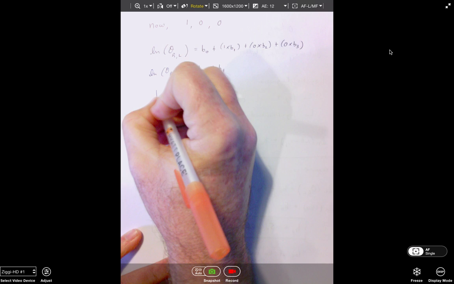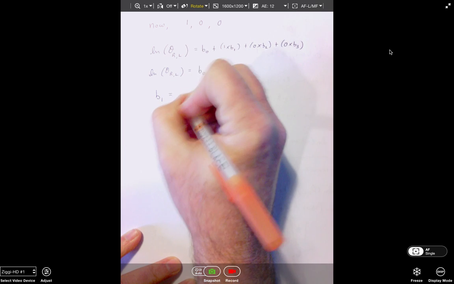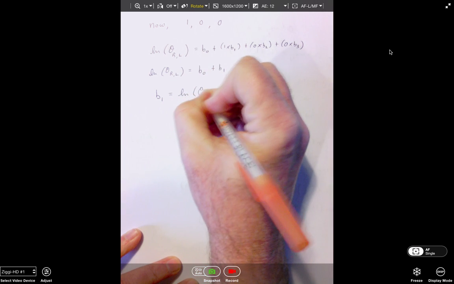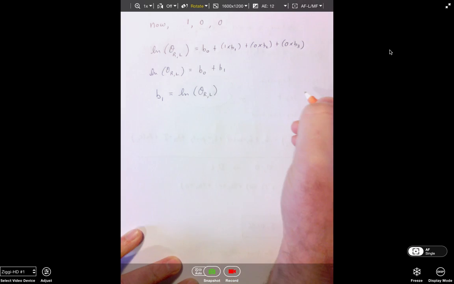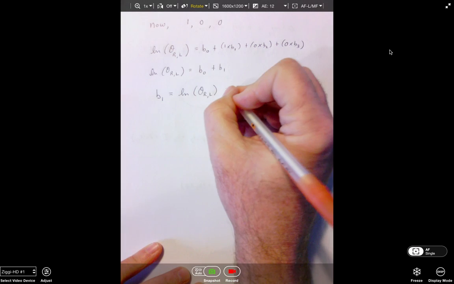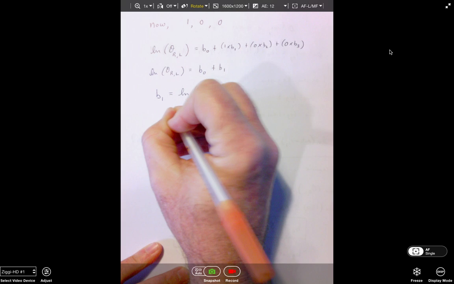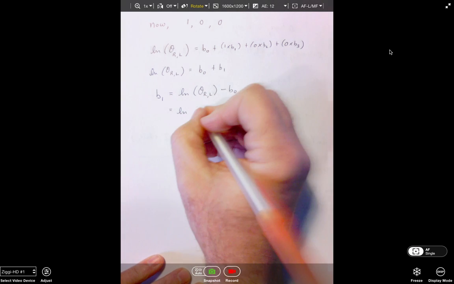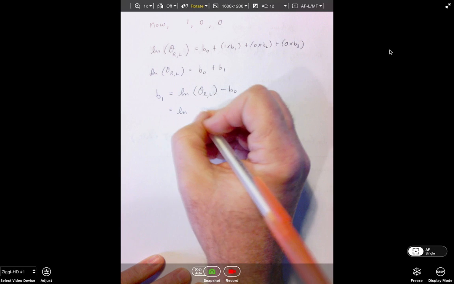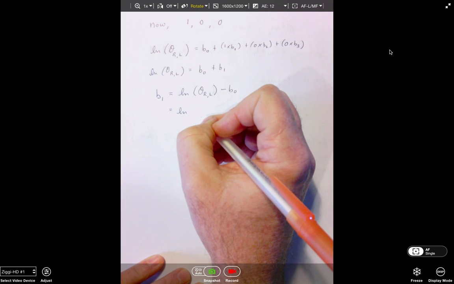So at the end of the day, we can see that B1 is equal to the natural log of the observed value for a Republican who is pro-life minus B0. So I get the natural log of... no, wait a minute, that's not right.